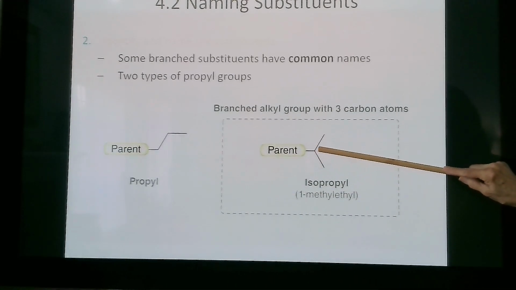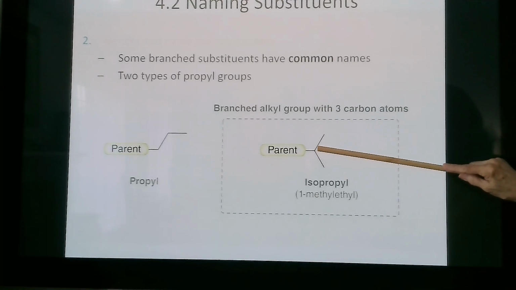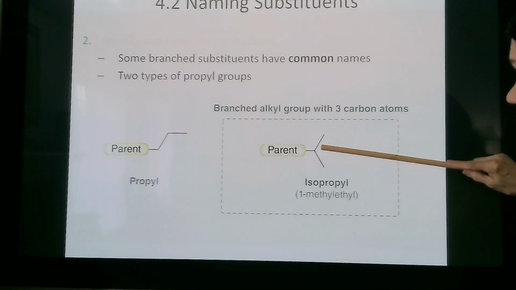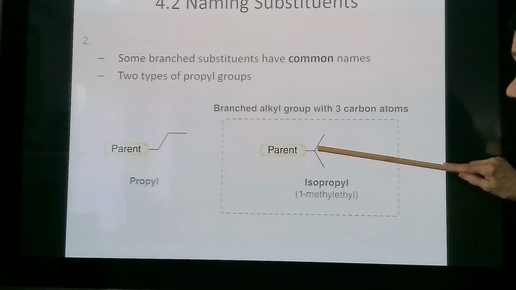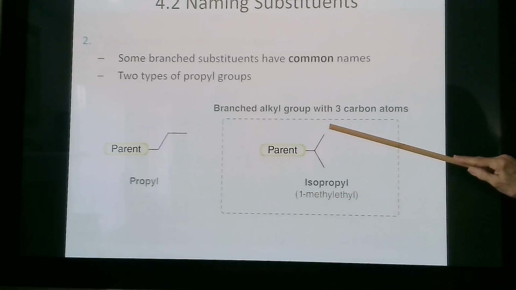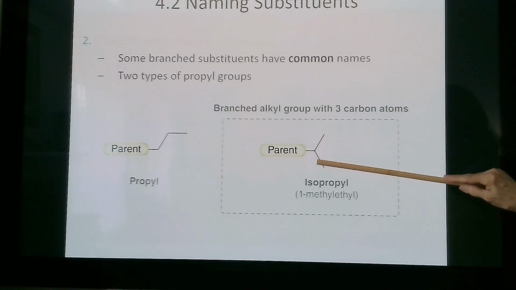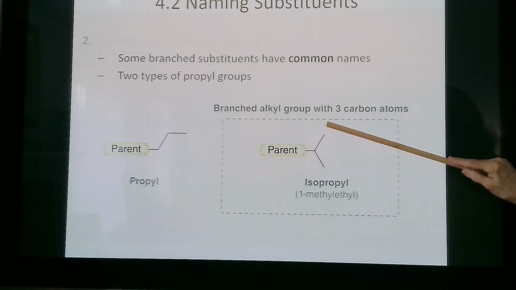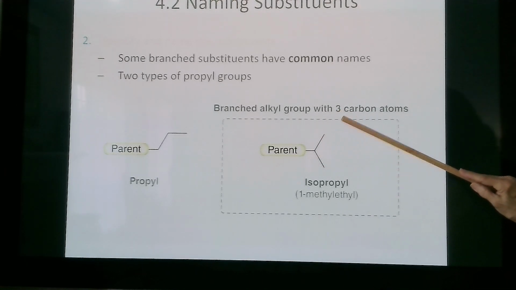Here it's at the internal carbon of the propyl group. And so the attachment here is at the central carbon. And so this could be named as an ethyl with methyl at the 1 position. So this could be named 1-methyl-ethyl, and notice that it is in parentheses. Or this could be named using the common name system, in which this would be called isopropyl.